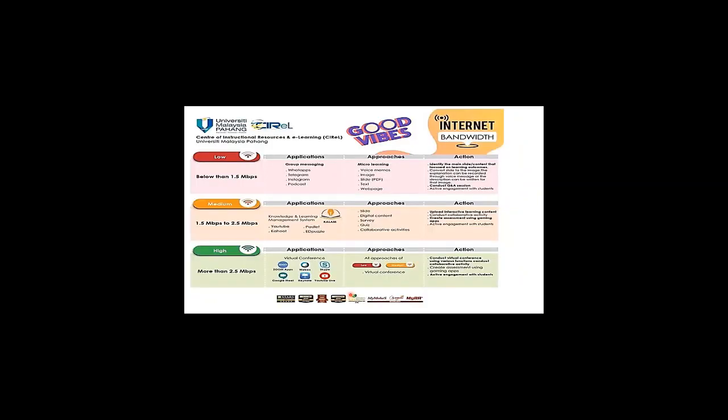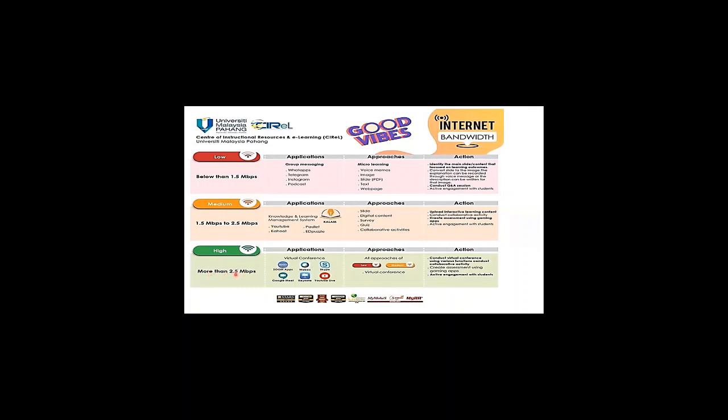two extremes. This infographic I like very much is from University of Pahang in Malaysia. They have come up with the bandwidth here on the left side, and different applications you can use based on the level of bandwidth, different approaches you could use, and what kind of activities or actions you could apply based on the bandwidth. So if you look at it, we are using Zoom.